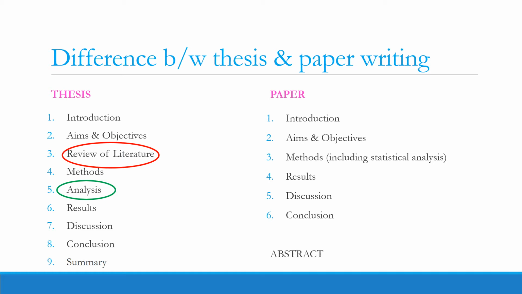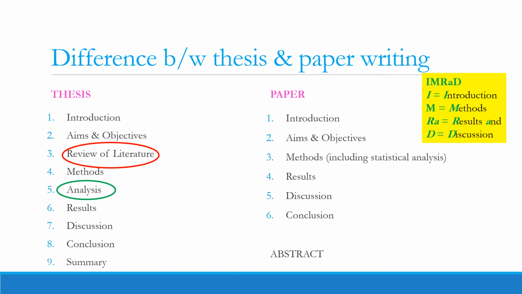Whatever be the two, there is a mnemonic called IMRAD, showing the natural flow of writing a research work. So I stands for introduction, M for methods, R for results, D for discussion. This should be the basic flow of writing a research paper, be it a thesis or a paper, irrespective of the headings allotted.